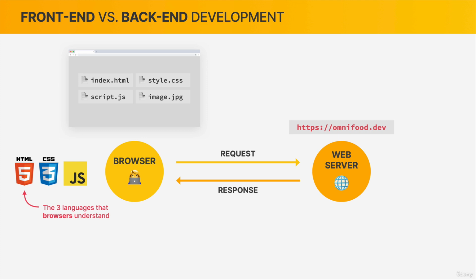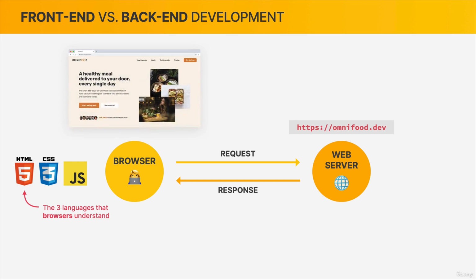Because, again, these are essentially the three core technologies that any browser can understand. All right, now once the browser receives these HTML, CSS, and JavaScript files from the server's response, it will take the code and render the website that we were trying to access. So based on that code.